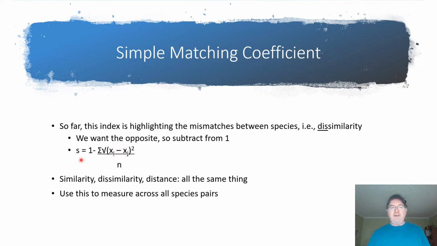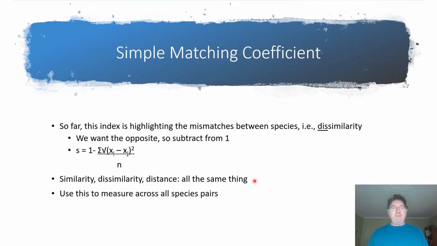And so the similarity is going to be 1, 100%. If they're different in every character, because our characters are binary, then this is going to be equal to 1. Subtract that from 1, you get 0. The similarity is 0. They are entirely dissimilar.